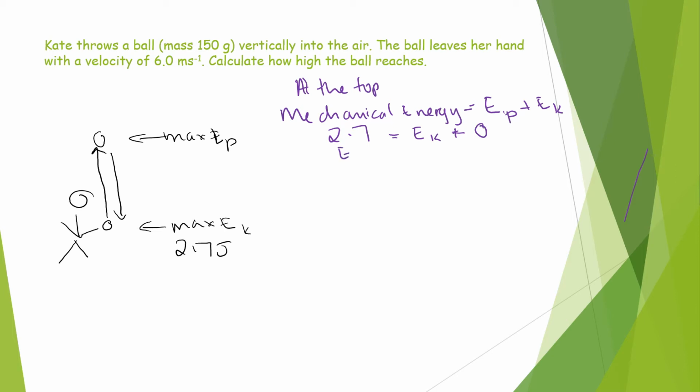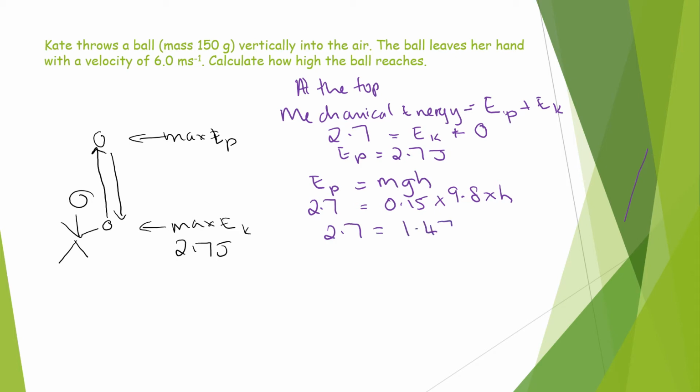So the potential energy is equal to 2.7 joules. We can now calculate the height that the ball reaches. The potential energy was 2.7, the mass was 0.15, gravity is 9.8, and we don't know the height. So 2.7 must equal 1.47 times the height. So the height must equal 2.7 divided by 1.47, which is equal to 1.84 meters.